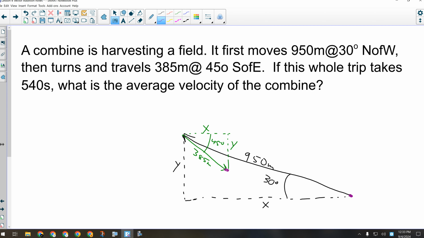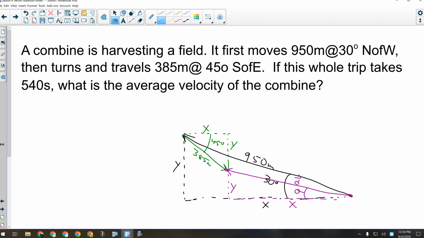This is my final position because I drew the vectors tail to head. First I did the black one, then I did the green one. So the purple line is my total displacement, and I've got its x and y components labeled there.